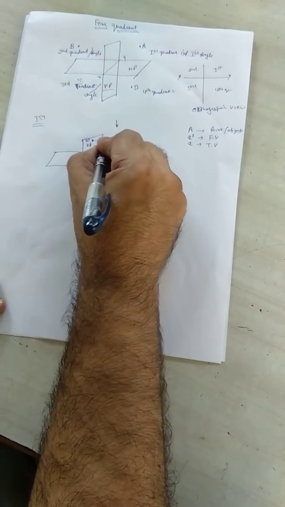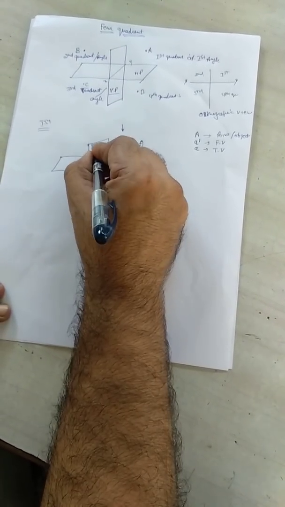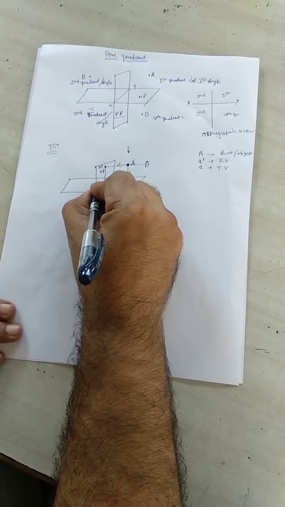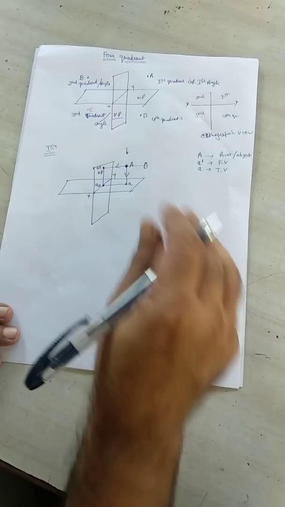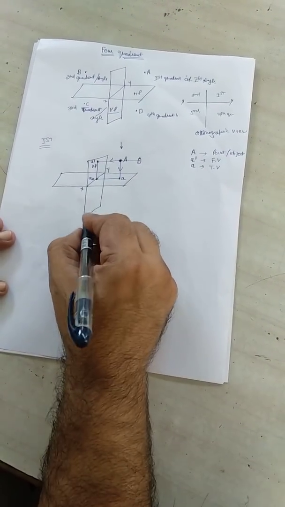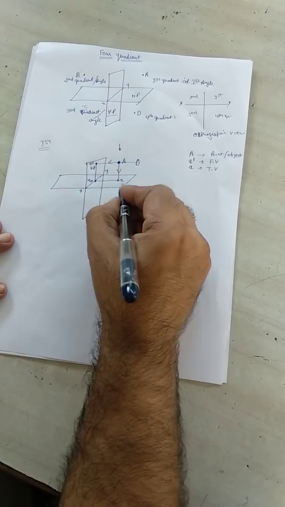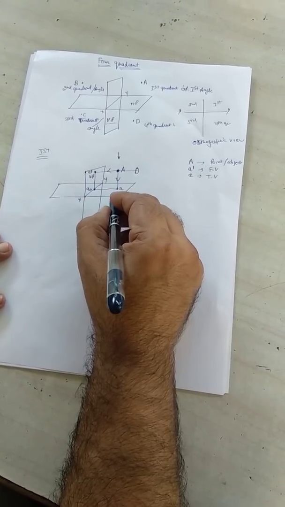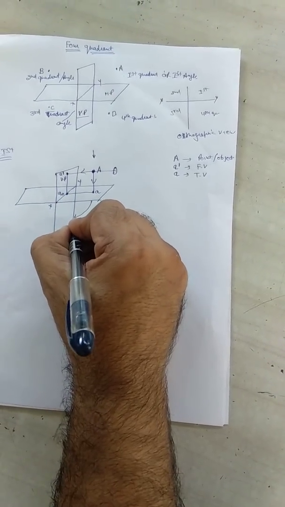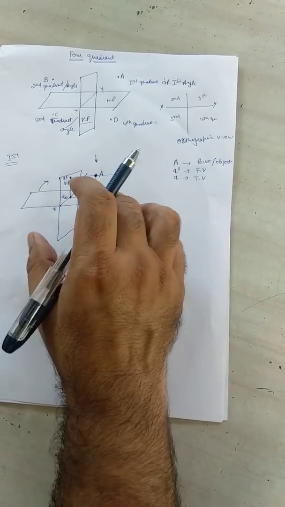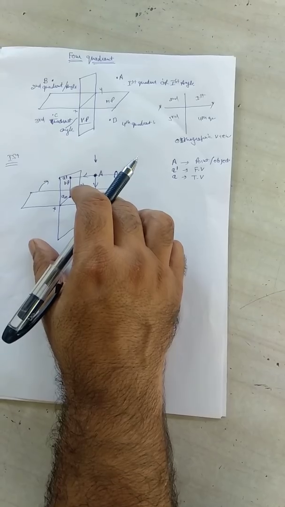Where both the projectors meet at a point on the reference line, I will use the notation a0. So this is the pictorial view. In this case, the vertical plane will remain fixed and the horizontal plane will rotate through an angle of 90 degrees, so both planes will come in line with the VP.